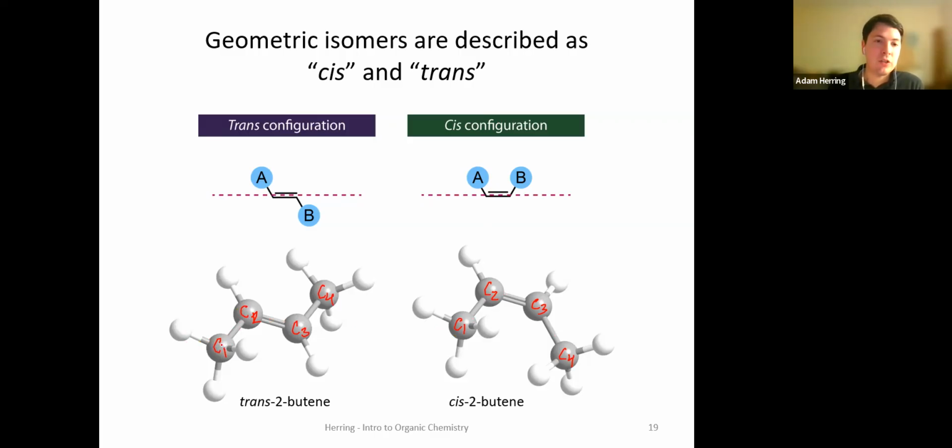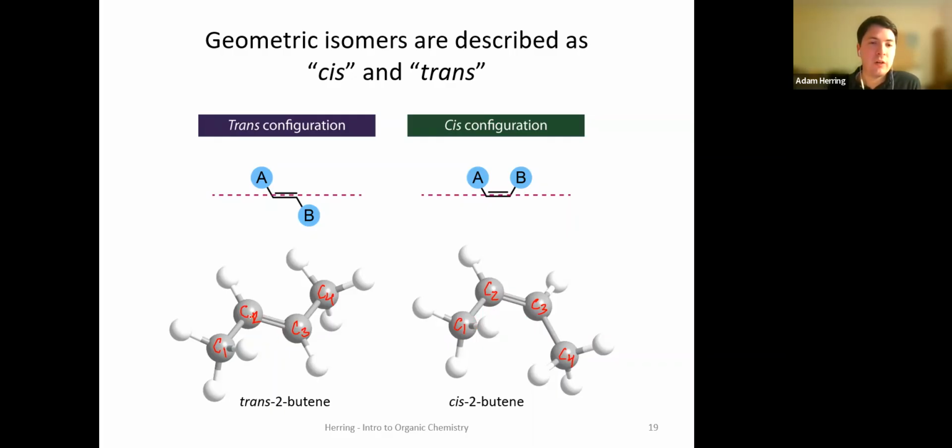Carbon 2 is attached to carbons 1 and 3, and 1 hydrogen in both cases. And we could repeat that process and see that indeed each carbon atom is attached to the same elements. Each hydrogen atom is attached to the same elements.